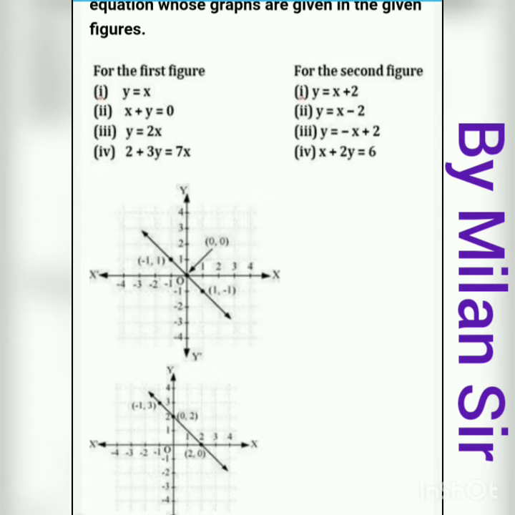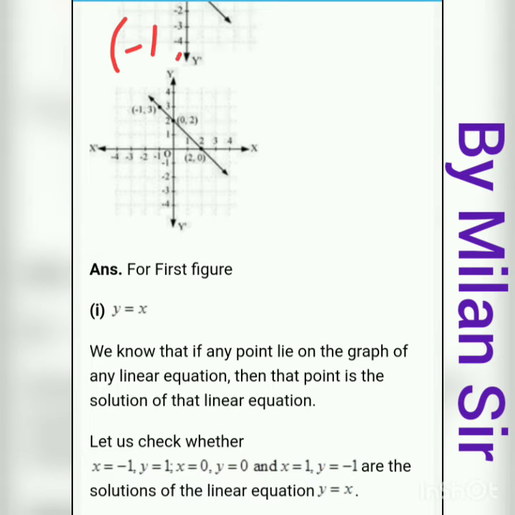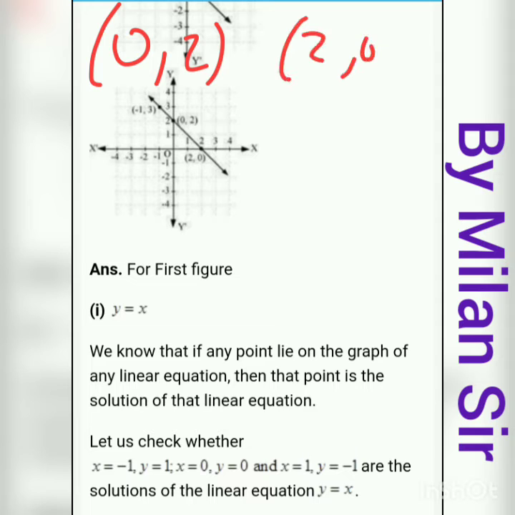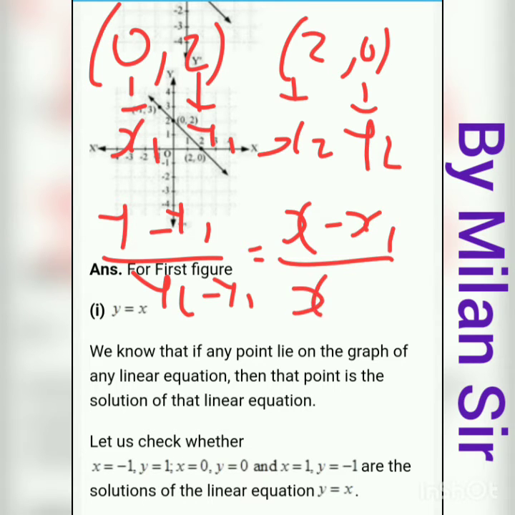Now for the second graph, here we have 2 points, it is 0 2 and 2 0. Okay, 0 2 and 2 0. This is x1, this is y1, this is x2, this is y2. Now y minus y1 divided by y2 minus y1 is equals to x minus x1 divided by x2 minus x1.